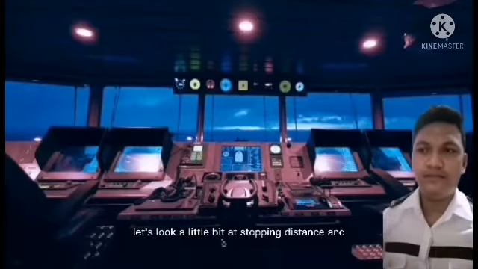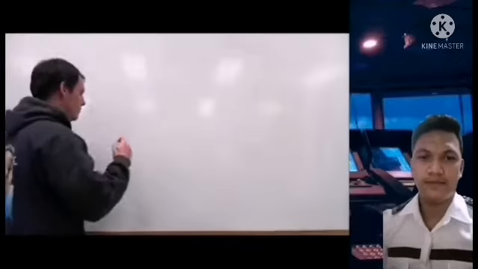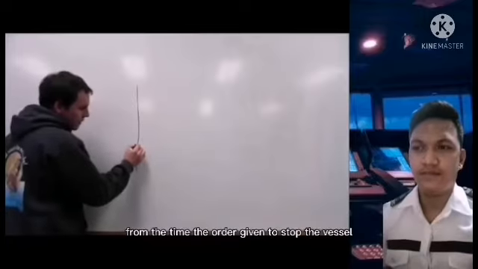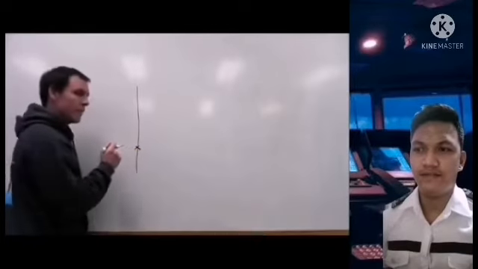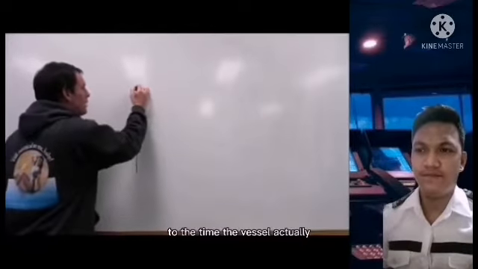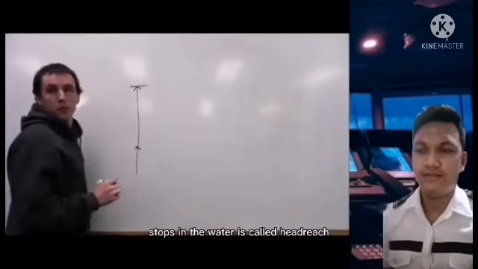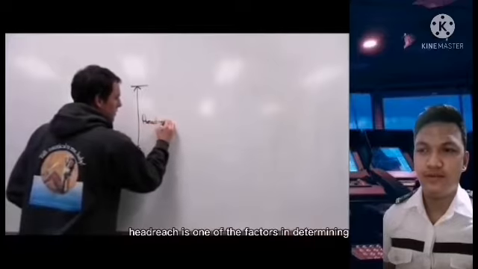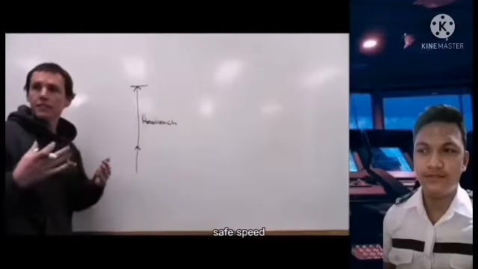The distance from the time the order is given to stop the vessel dead in the water to the time the vessel actually stops is called head reach. Head reach is one of the factors in determining safe speed.